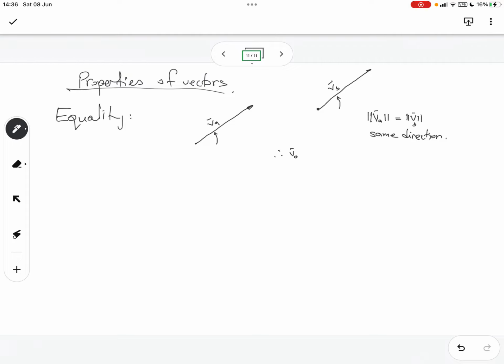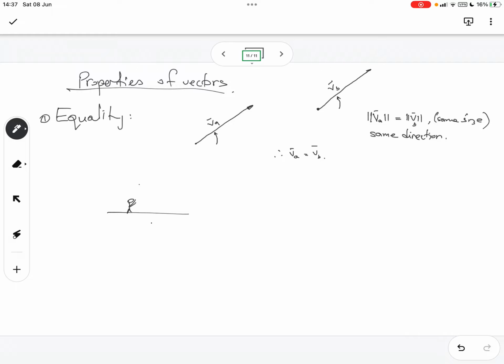So if I take the size of vector A and the size of vector B, and they both have the same direction, then these vectors are the same. Magnitudes are the same. So same size and same direction, then it's the same vector.